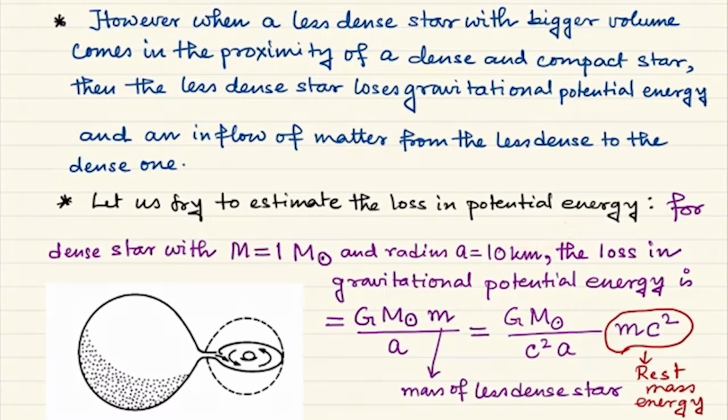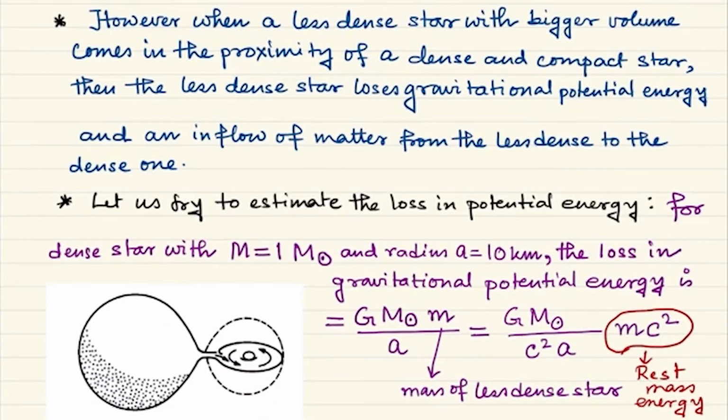In this case, the loss in gravitational potential energy for that mass, so here we are talking about the mass of this small star, okay. This has a mass of 1 solar mass. This one is losing the mass, okay.